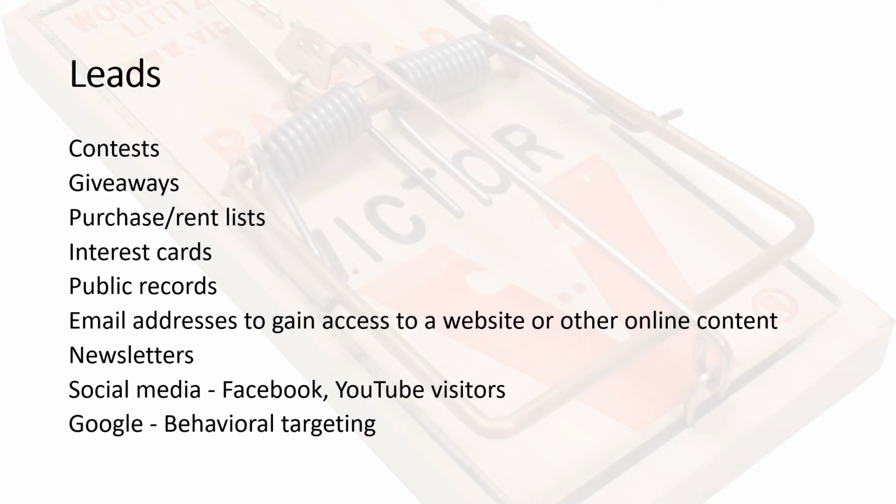Of course, that is behavioral targeting. The argument is you wouldn't be looking at our competitors' websites unless you were planning on traveling to Las Vegas and doing some sort of attraction visitation. So they use behavioral targeting to identify potential customers coming to Las Vegas.